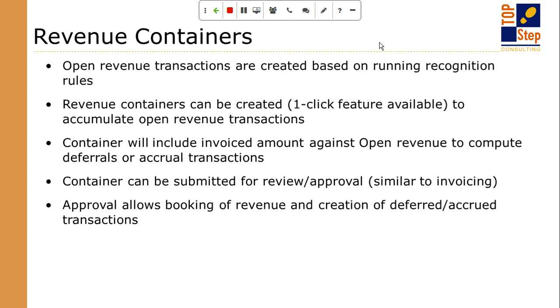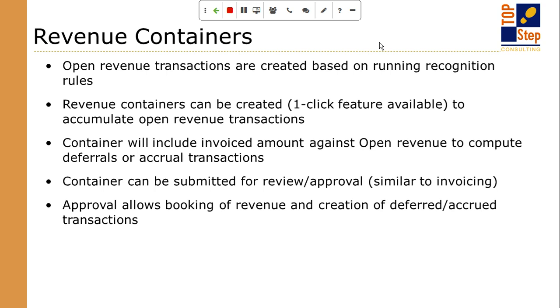Now, revenue containers can be quite tricky to understand, but the functionality is built so that it does a lot of things for you. It's really more understanding what the feature is doing versus having to take a lot of action yourself. So the process is basically you run rules to create the transactions, or you can turn on this one-click feature that creates the revenue container and runs the rules for you. And as you create the container, it does all of the math and all of the quote-unquote journal entries, which are not official journal entries because OpenAir is not an accounting system.